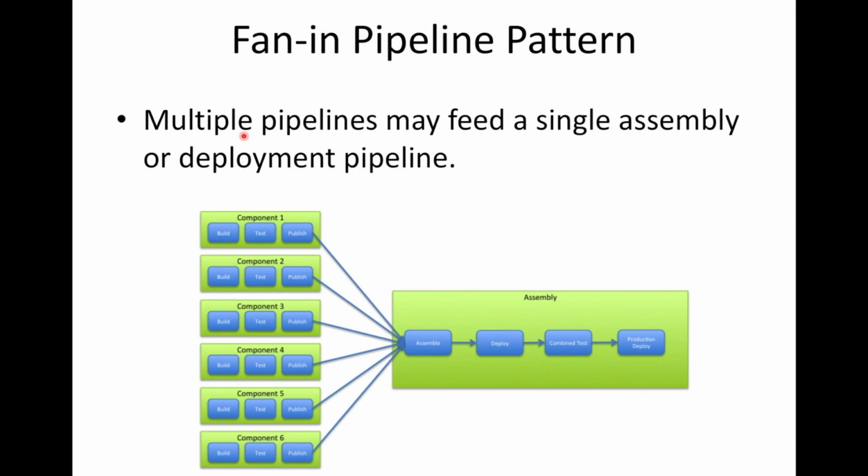And then once all of these different individual pipelines run, they trigger an assembly pipeline which assembles all the different components together and deploys those into some sort of test or staging environment. And this is a fan-in pipeline pattern, which is pretty common in industry.